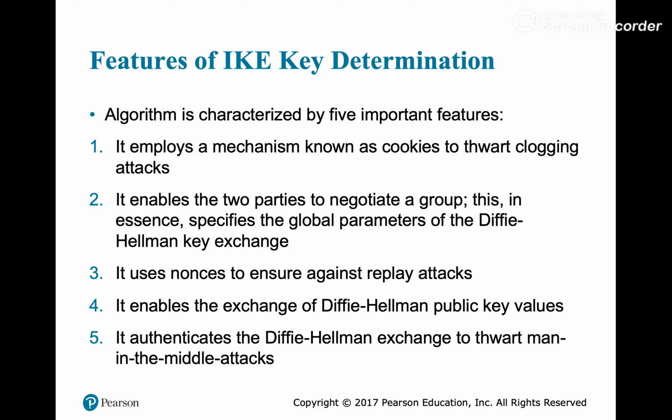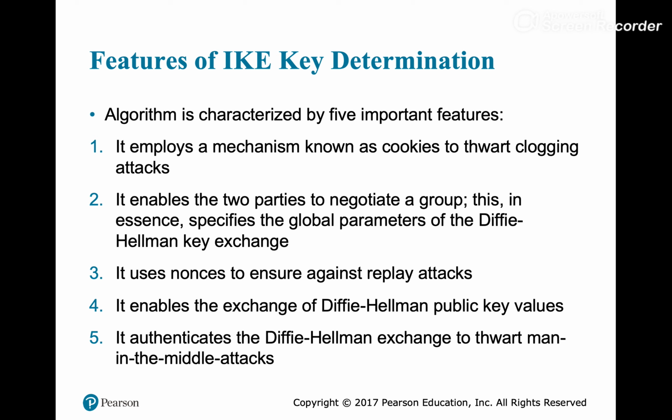Then it enables the two parties to negotiate a group, because they are using Diffie-Hellman. I did not teach you the Diffie-Hellman protocol yet, but when we go into the cryptography of Diffie-Hellman, there is something called a group, which is part of the public key of Diffie-Hellman. So both parties need to first negotiate on this group for key exchange, and it uses a nonce to ensure against replay attack.